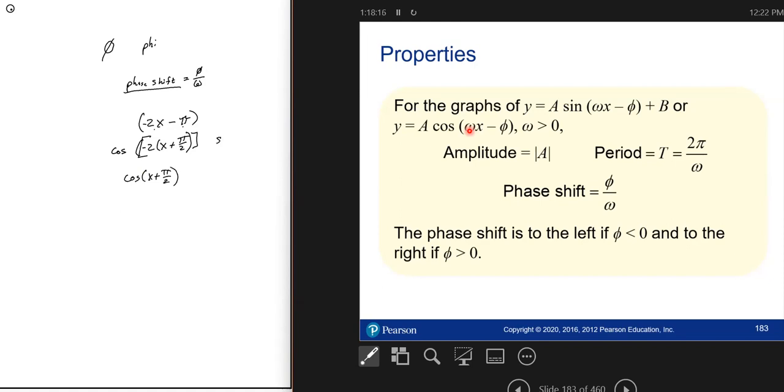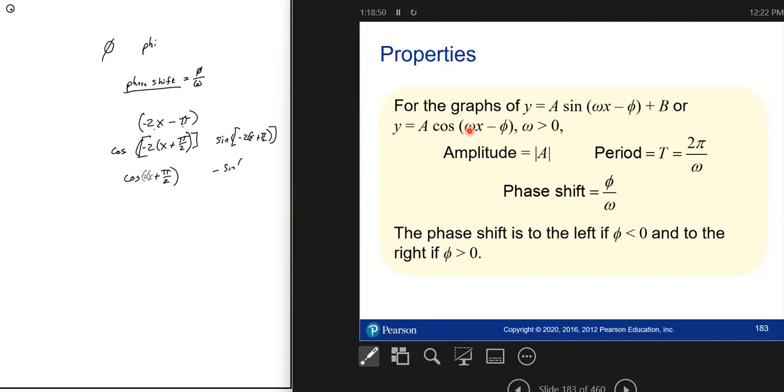If it was sine of negative 2 times x plus pi over 2, then it's going to be the negative of the sine of x plus, oh, I gotta leave the 2 in there.